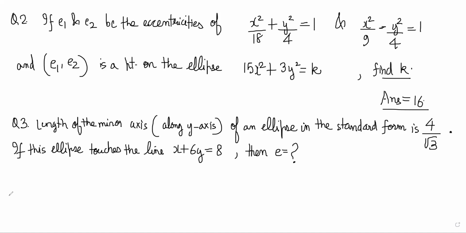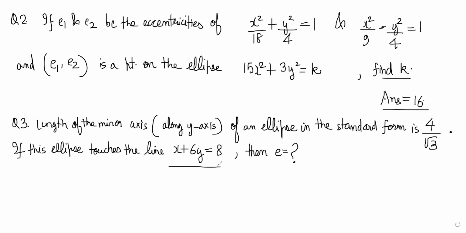So b is 2 by root 3. And we can use the tangent equation, no? Because this line should be tangent to that ellipse. You can use the condition for a line to be tangent to an ellipse: y is equal to mx plus or minus root of a square m square plus b square.